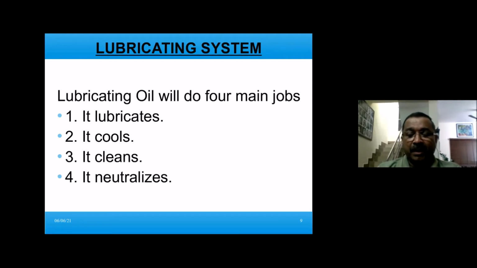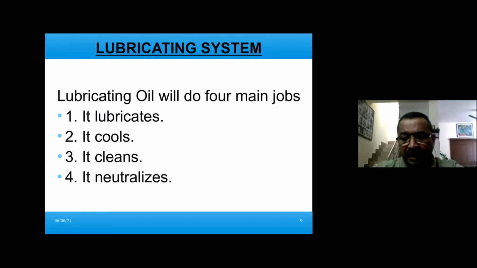Actually, our fuel, the diesel, after burning, has sulfur and other components, which will give acidic residues inside the cylinder. So after the combustion, the cylinder will be acidic in nature.